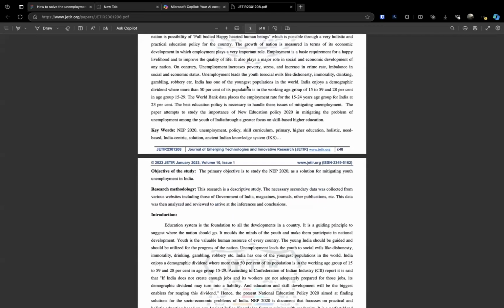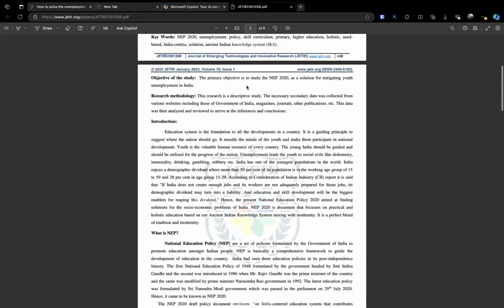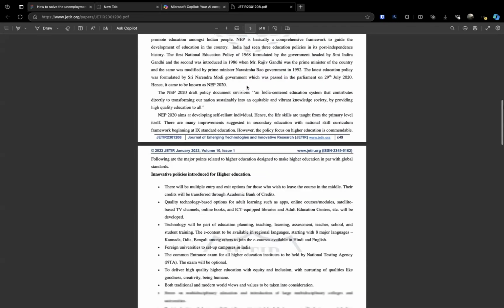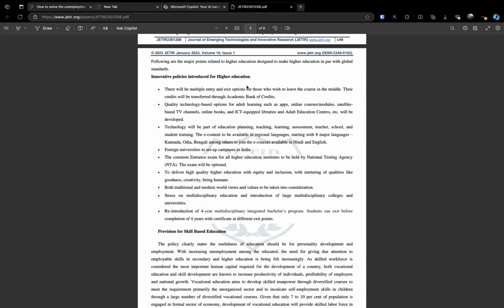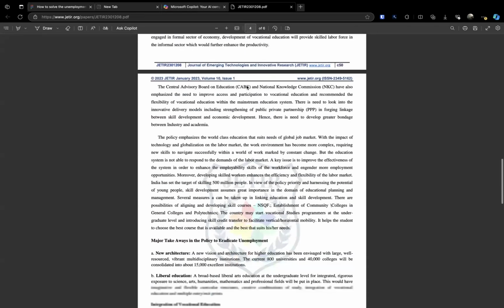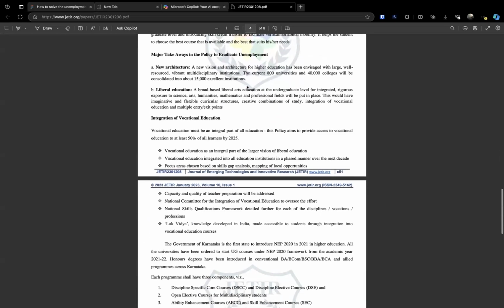These incubation centers have been given the incubator status by Niti Aayog, and they have been given enough funds, I think 5 or 10 crore per year. And what I have seen is most of the grant is being spent on the staff that has been appointed for the incubator.